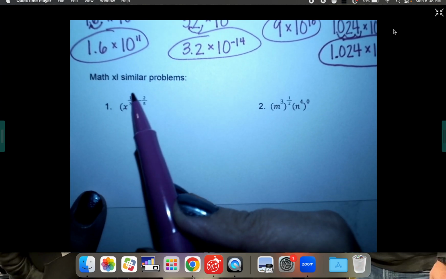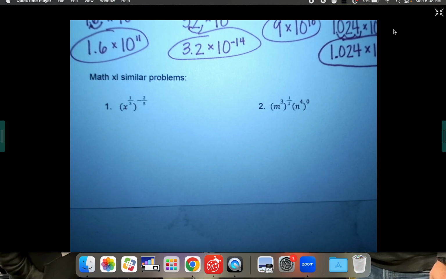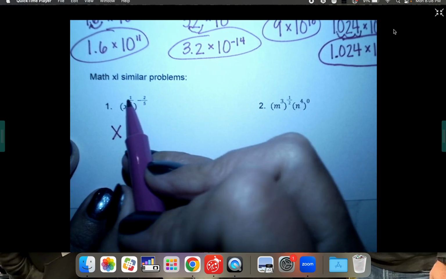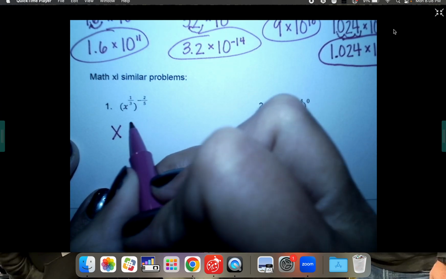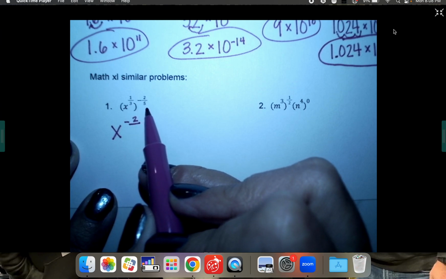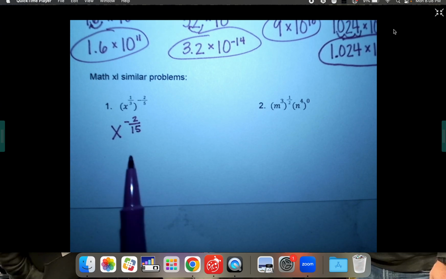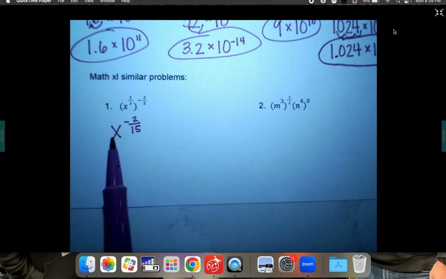So these numbers get multiplied. When you're multiplying fractions, you go straight across, straight across. So we've got x to the 1 times negative 2 is negative 2 over 3 times 5, 15. Here's the problem. Can't have a negative exponent, even with a fraction, even with a variable.